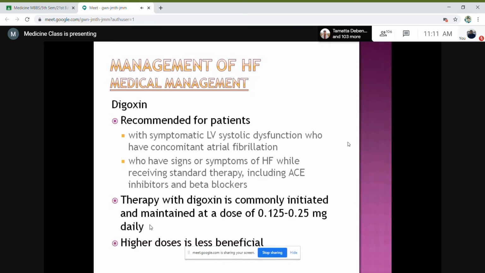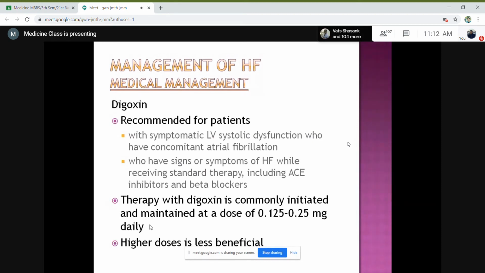Okay, so digoxin. This was a drug that was very much in use initially in heart failure, but nowadays it is generally recommended if the patient has symptomatic left ventricular systolic dysfunction with atrial fibrillation, and who has signs and symptoms of heart failure while receiving standard therapy with ACE inhibitors, ARBs, beta blockers, and spironolactone.